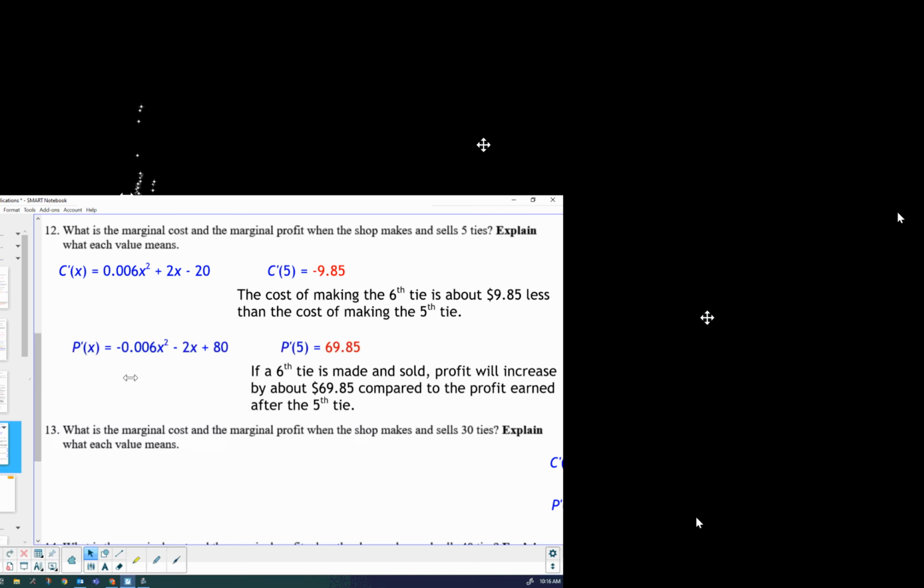The marginal cost when I have 5 ties means that's the approximate change in cost for making one more tie. So it's saying when I make the 6th tie, the cost is going to go down by $9.85. The overall cost for production.